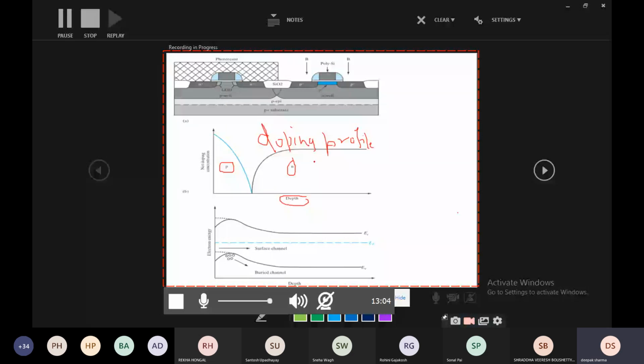And in the middle, we are having decreased doping concentration. Why? Because there is a junction of P well and N well. So where there is a junction of P well and N well, basically what is there when P and N touch each other? It is the formation of depletion region, right?